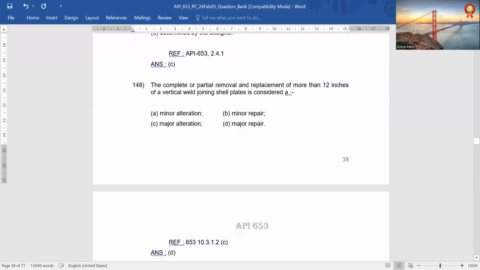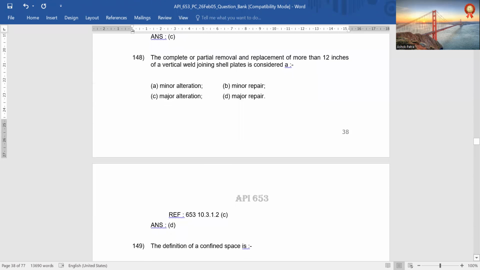The complete or partial removal and replacement of more than 12 inches of vertical weld joint shell plate is considered a major repair.